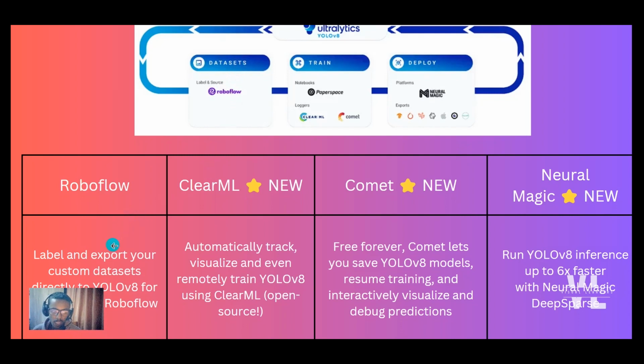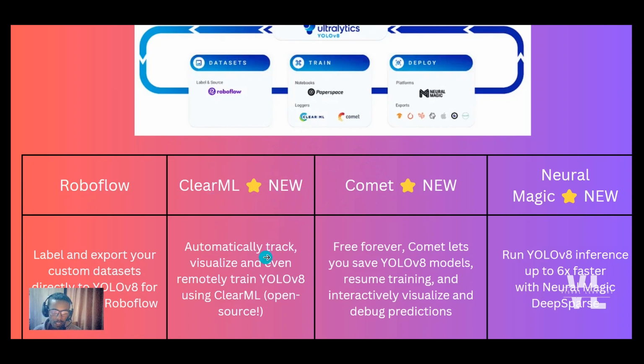You could label and export your custom datasets directly to YOLO V8 for training with the website RoboFlow. This is nothing new, but the new ones start from the training procedure. Here you can use a notebook, Paperspace, and you can use the loggers ClearML and Comet. This can be found on the GitHub page of the Ultralytics YOLO V8 model.